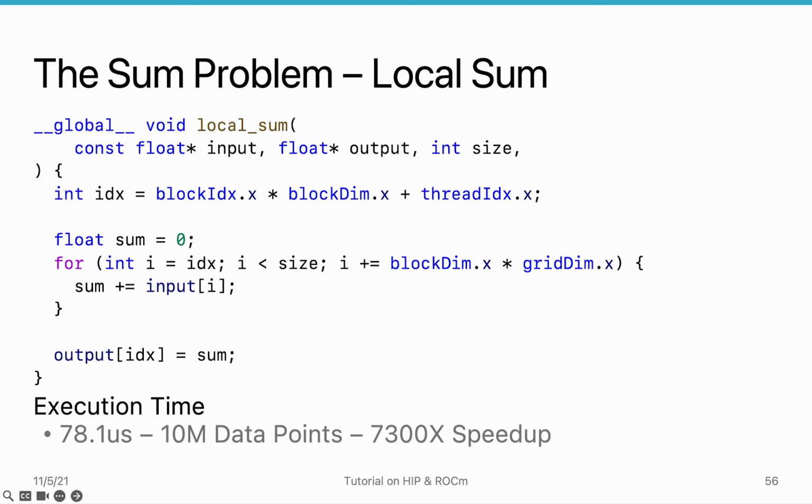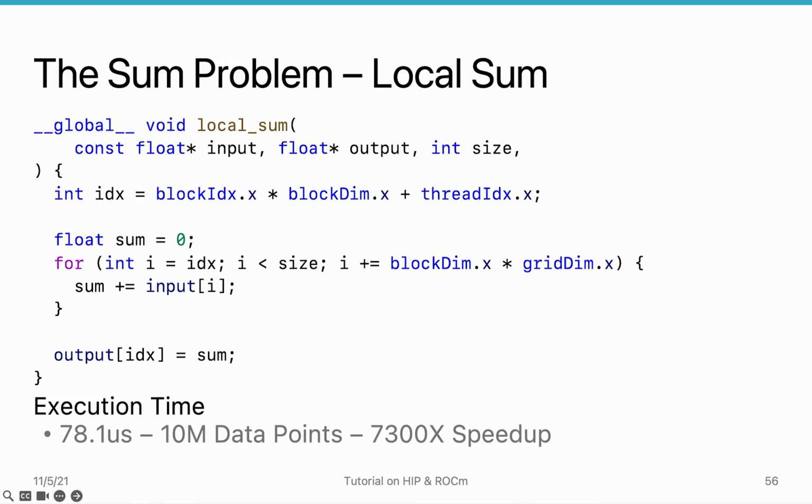But you may have a question: at this point the output is still an array. We can see this output index equals sum, right? So assuming we have 10,000 threads, then our result is an array of 10,000 elements. Then we still need the CPU to sum them together, which may introduce some extra overhead. So what can we do to continue to optimize this algorithm?